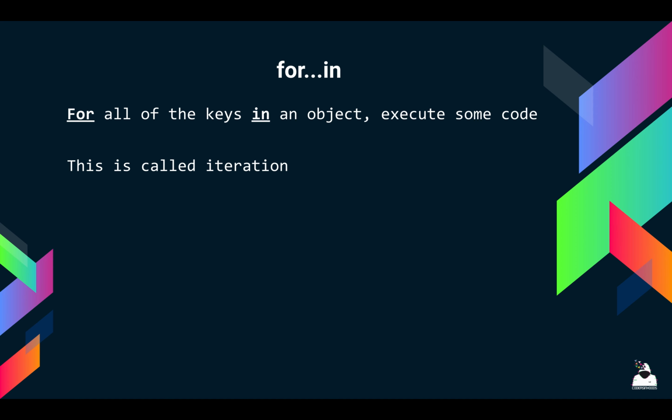That's what we were doing with our for loops: for index being less than array.length, do something and then increase it, so iterate over every element in an array. That's such a common thing that JavaScript gives us an even easier way to do that. So we have a for in loop, and for all the keys in an object, do something.